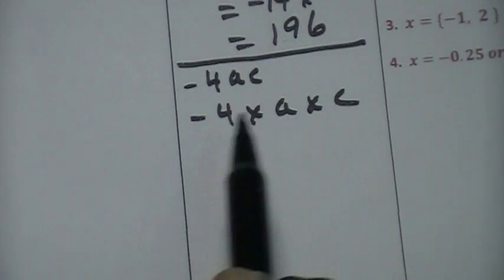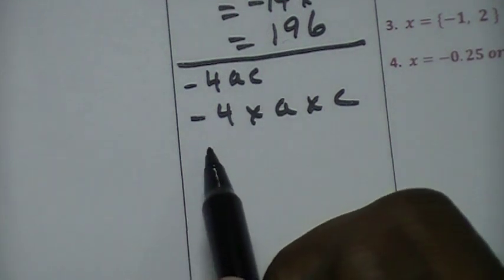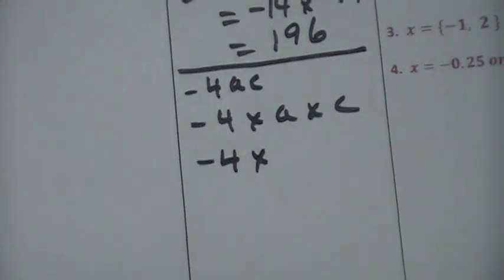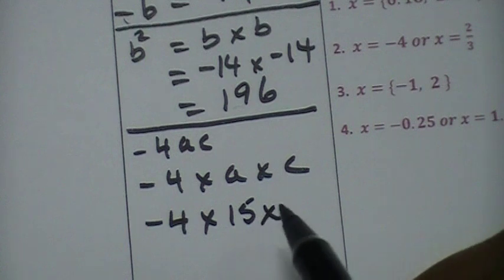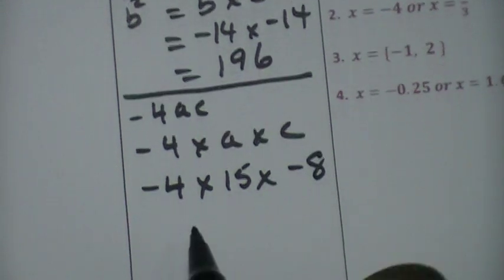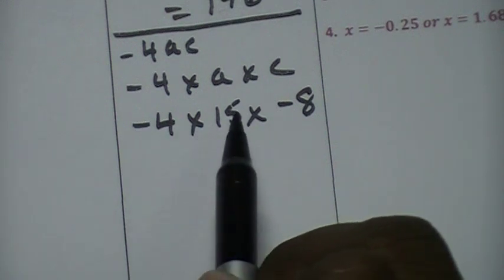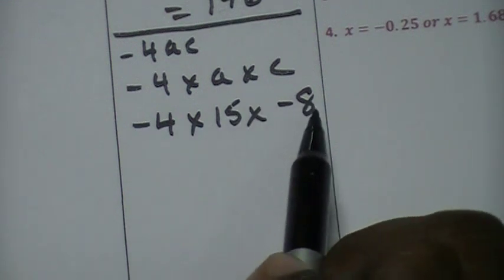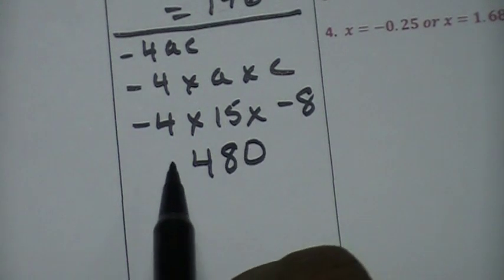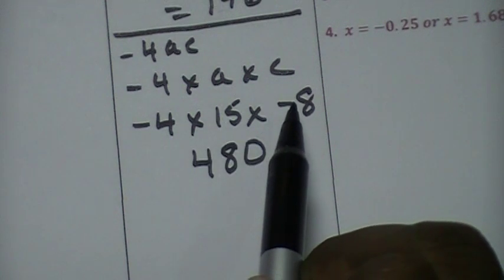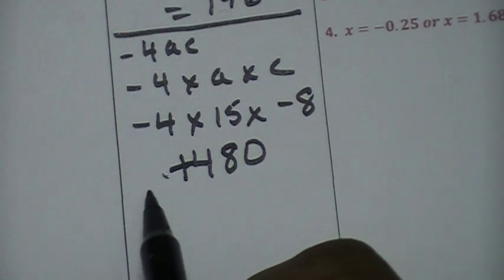It's important to do it like this so you don't have any problems. Negative 4 times the value of a, which is 15, times c, which is negative 8. Multiplying the numbers, 4 times 15 times 8, gives us 480. What about the sign? Negative times negative gives positive, times a positive is still positive. So it's positive 480.